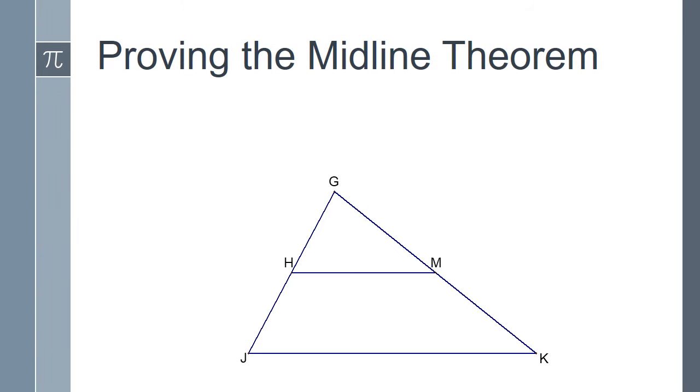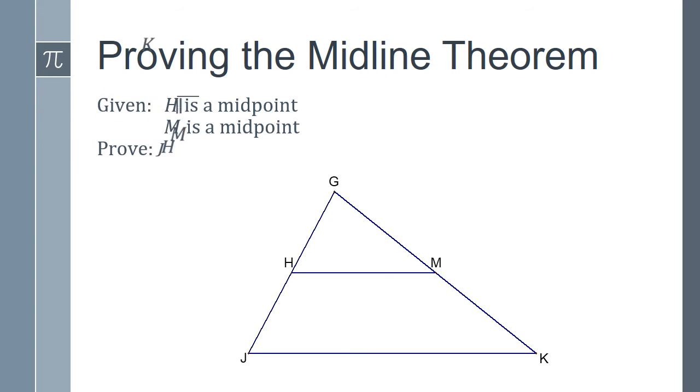Let's prove this. So given H is a midpoint and M is a midpoint, we want to prove that segment HM is parallel to segment JK and that segment HM is equal to 1/2 of segment JK.